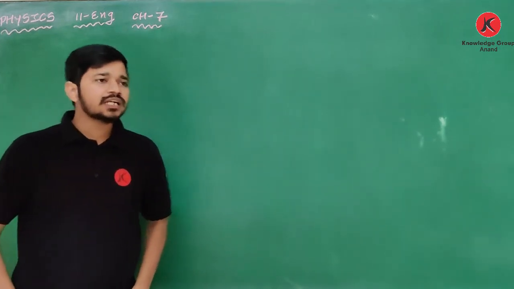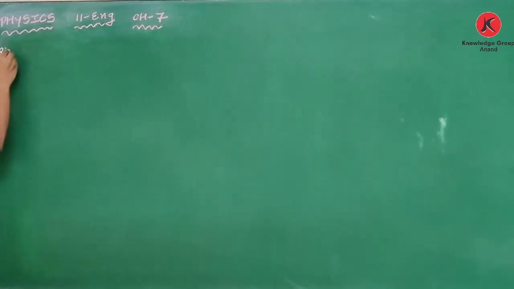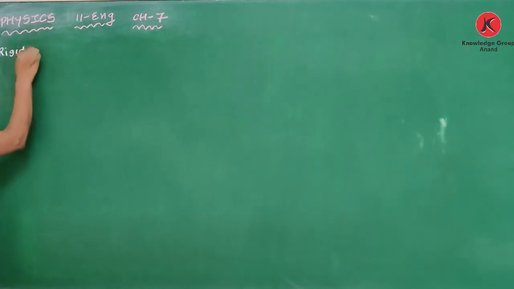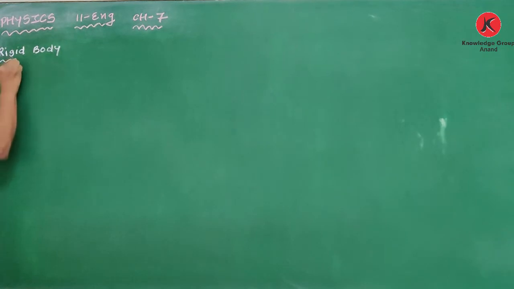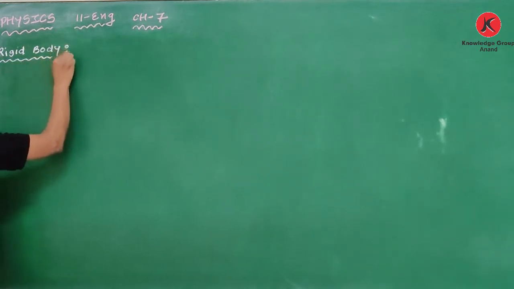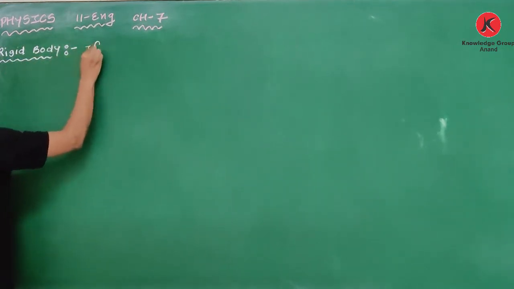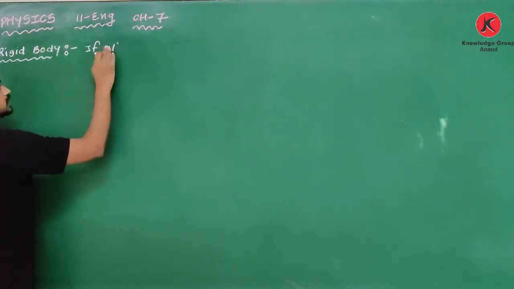We will start this portion first with one definition, that is rigid body. Yes, we know what is rigid body, but we will repeat. Rigid body. What is rigid body?